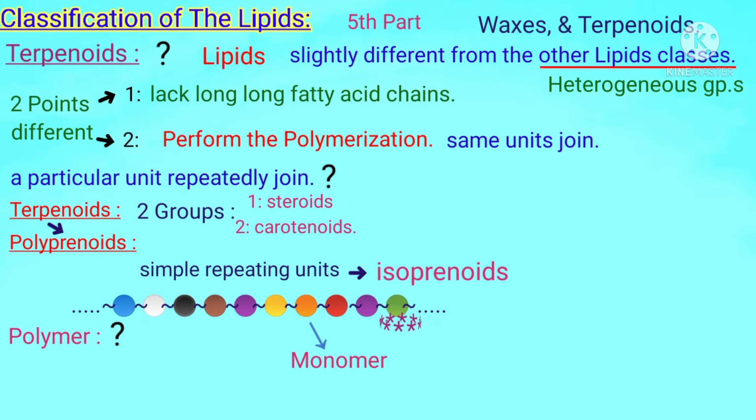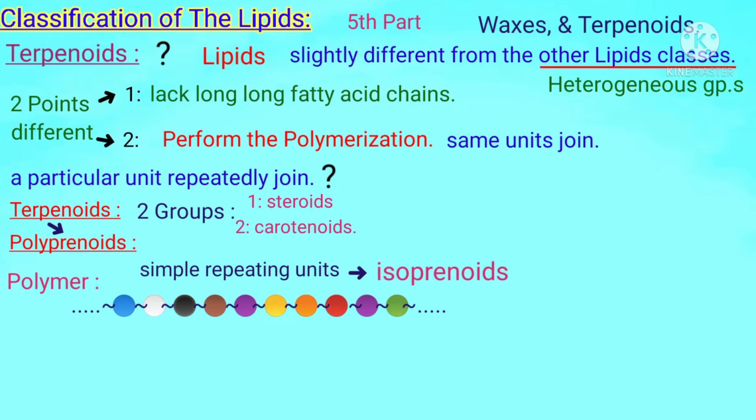Students, in the case of carbohydrates, every circle represents a glucose, a monosaccharide. In the case of protein, every circle represents an amino acid. So every circle represents the corresponding monomer of that compound. Let's come back to our topic, terpenoids.